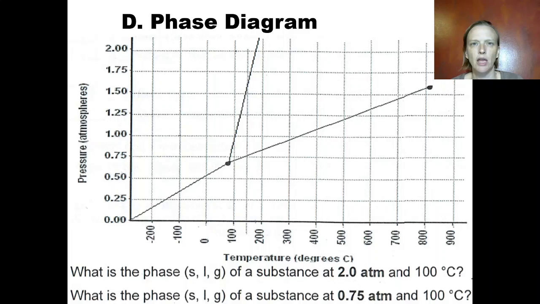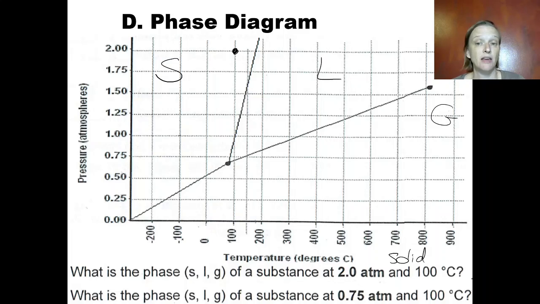So we're looking at a point right here. Is that solid, liquid, or gas? Well, we expect to see solids at cold temperatures, liquids at the medium temperatures, and gases at the highest temperatures. So we know that this must be a solid.